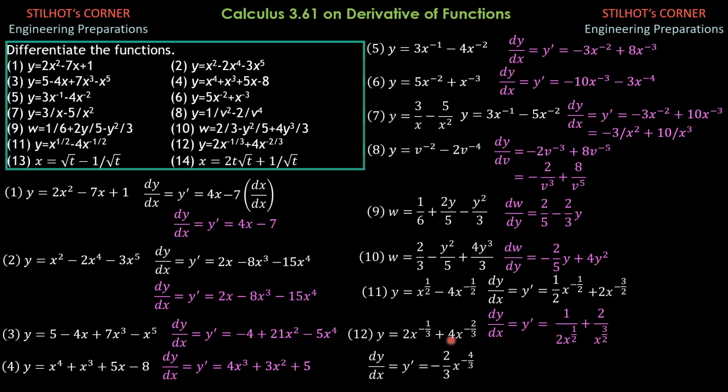So minus 8/3 x to the negative 5/3. So therefore, the final answer is just this, because the original problem is in that form. So we must answer in that form also.